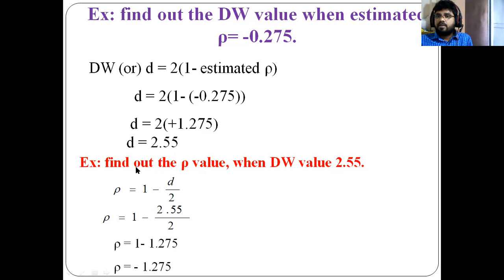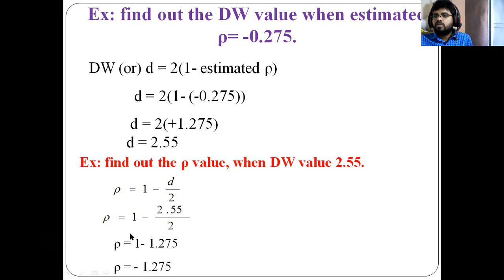So in order to find the rho value when the DW value is 2.55, rho is equal to 1 minus d by 2. That's the d value, the Durbin-Watson test value. So here rho is equal to 1 minus 2.55 divided by 2.